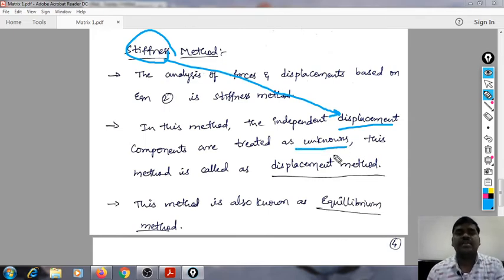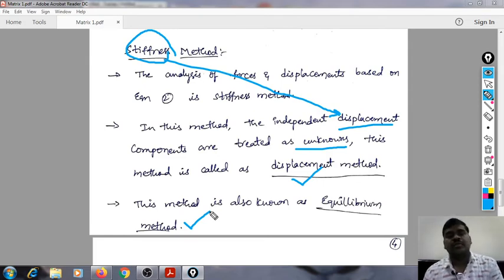For that reason it is called a displacement method. This method is also known as the equilibrium method. Why are we calling this method the equilibrium method? Because the stiffness method considers the equilibrium equations apart from compatibility equations. So for that reason the stiffness method is also called the equilibrium method.